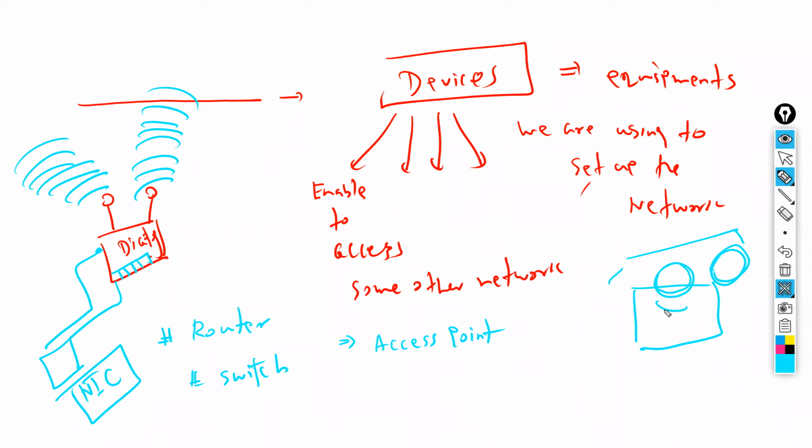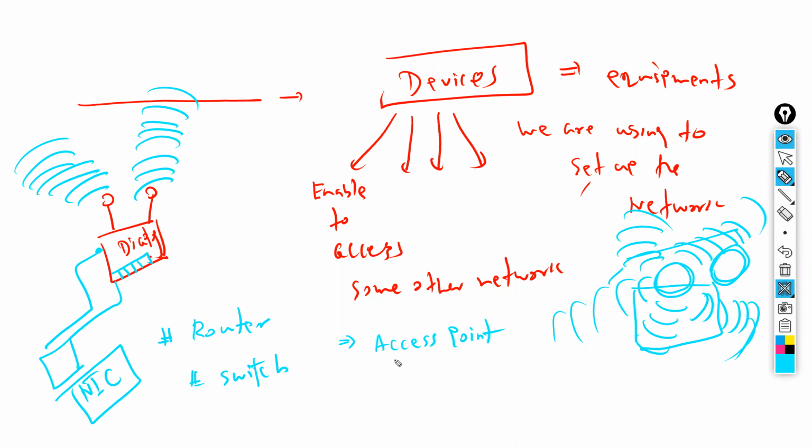From this device they can provide the internet facility, right? That is called an access point. What do you mean by access? Internet access, access to the internet. Because of that we say access point, or in short, AP.